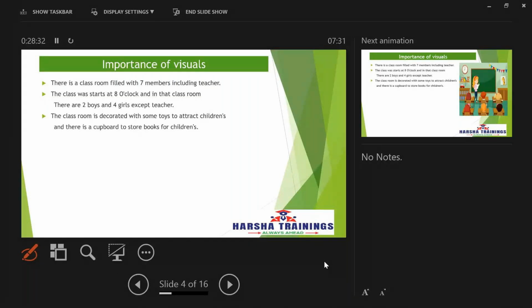And what type of toys are there. These are my requirements; I have to know this from this information. Can I get this information with the help of this story only? No. We need some additional information, some exact data.